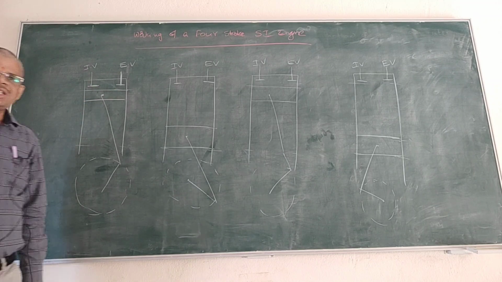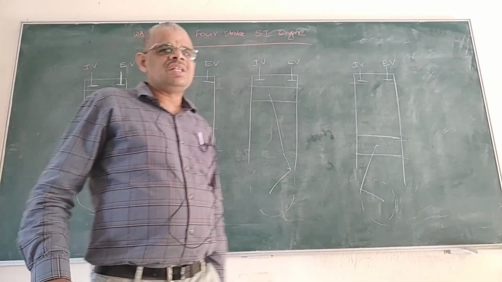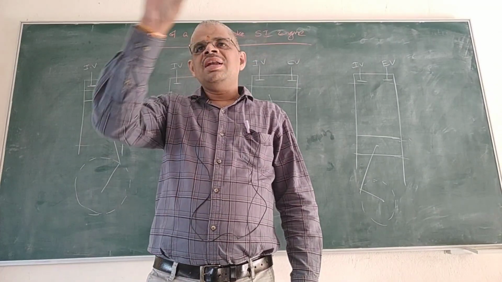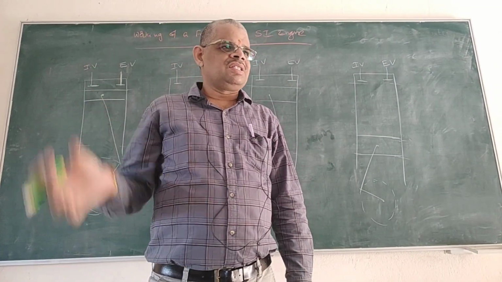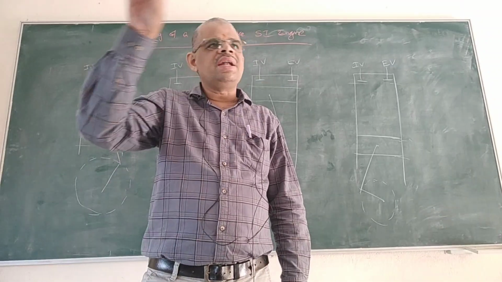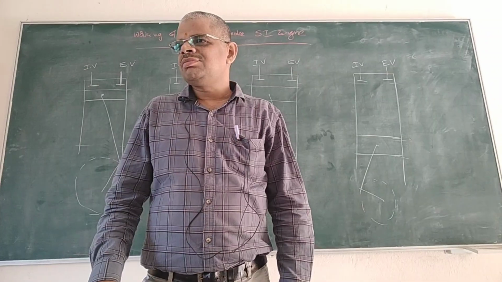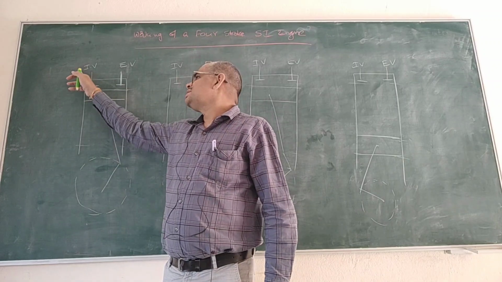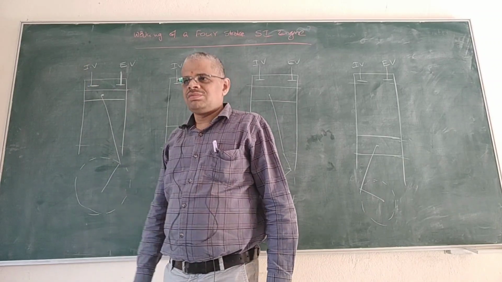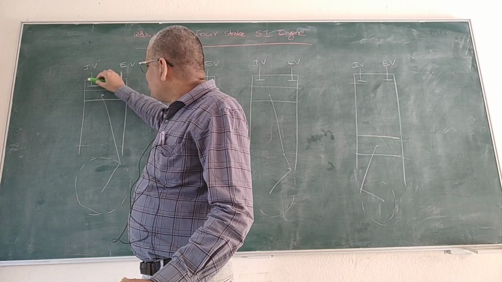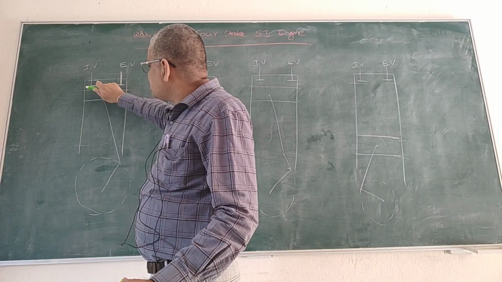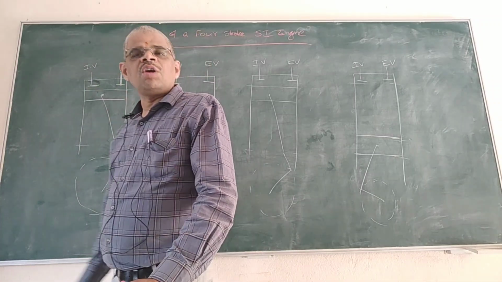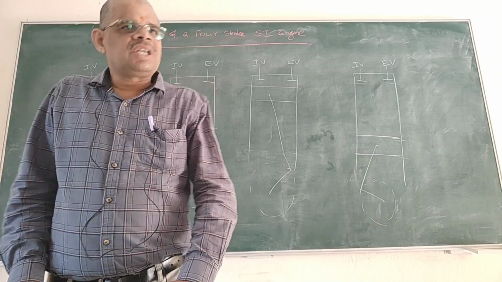So we have discussed the construction of IC engine. In the cylinder head there is an inlet manifold. That means there is a passage through which the fuel enters into the cylinder. So in order to close and open that inlet manifold, this is the valve, inlet valve. If this is the open position, for example, this is the closed position. Like that it operates.